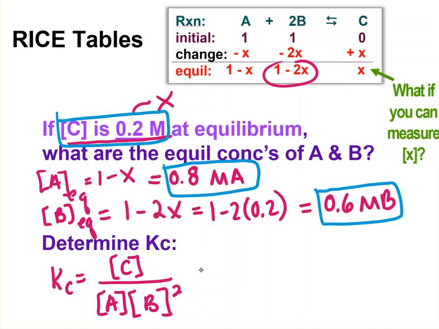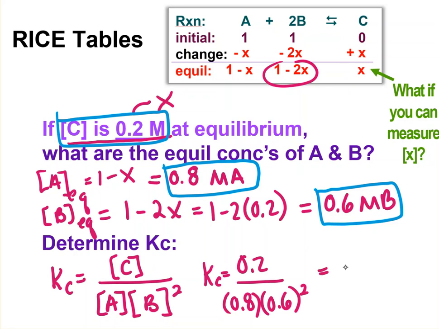So then I'll plug in my numbers. And I determined an equilibrium constant.